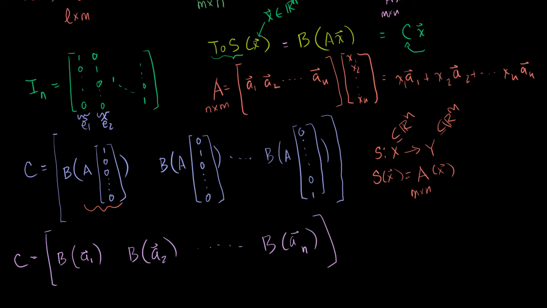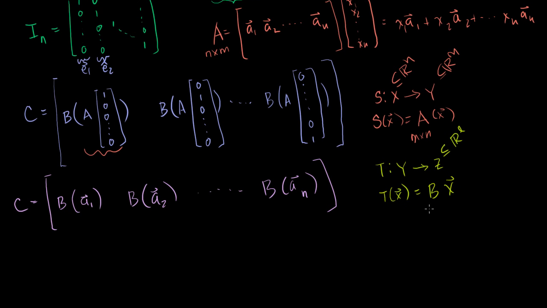Then I showed you another transformation, which we already called T, a mapping from Y to Z, where Z is a subset of RL. And of course, the transformation T applied to some vector in Y can be represented as some matrix B times that vector.